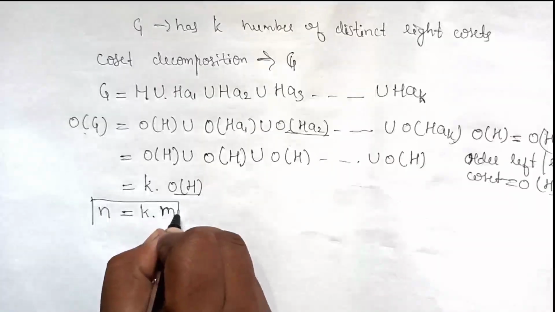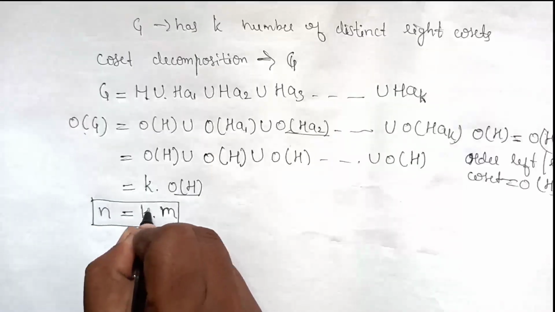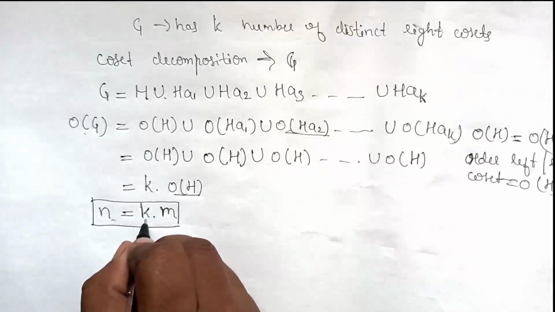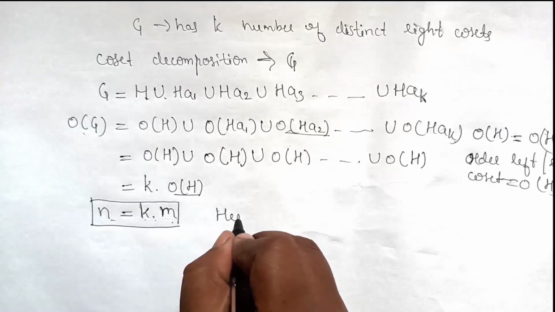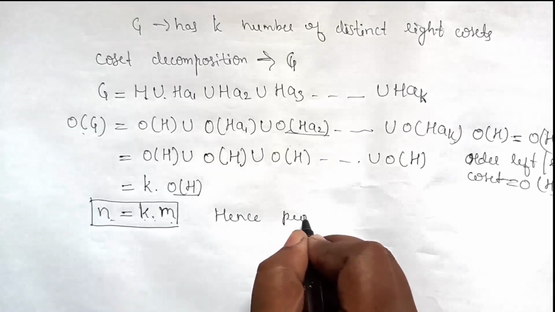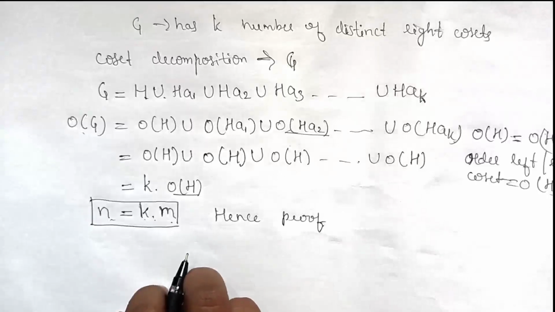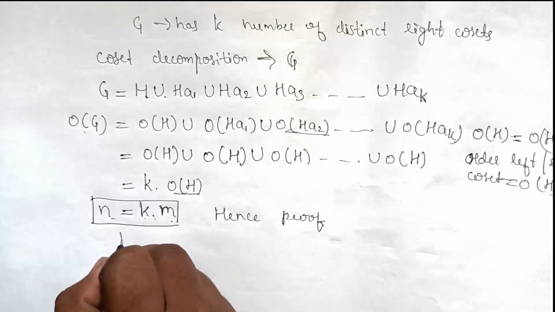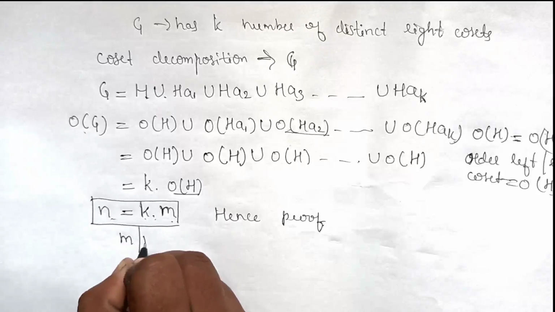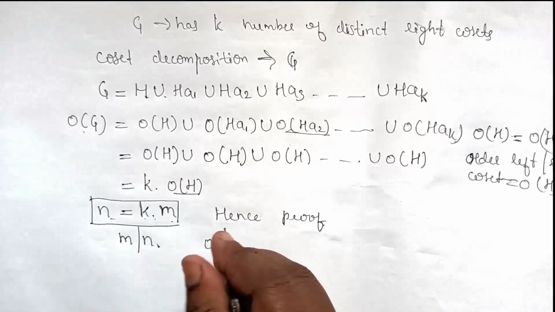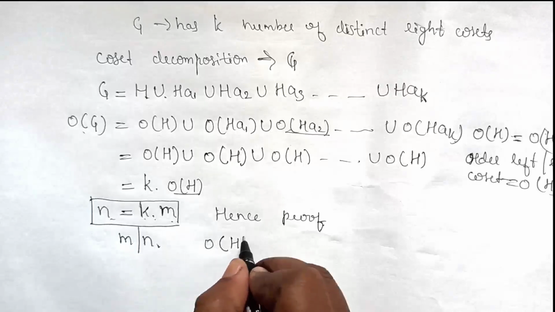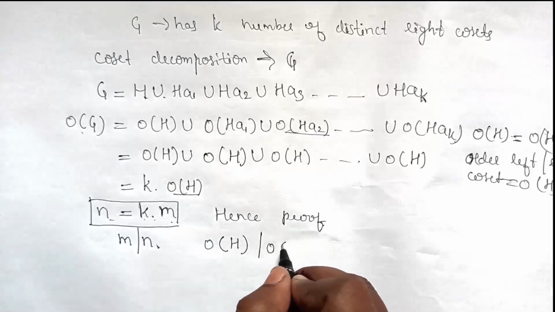Therefore we have proved that n can be written as k times m. So this is the proof. Or you can write it as m divides n, that is, order of H divides order of G.